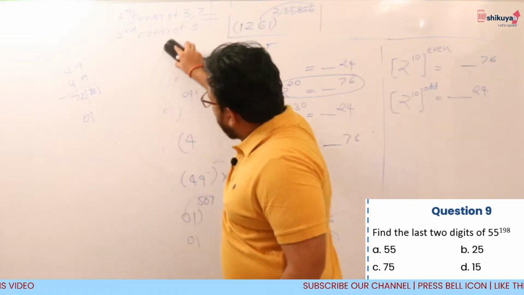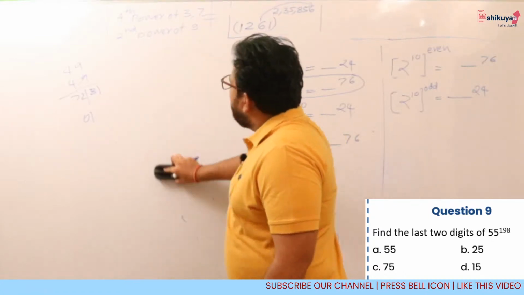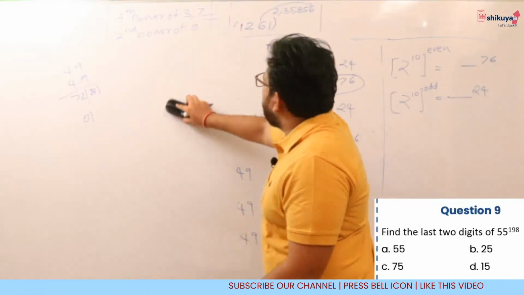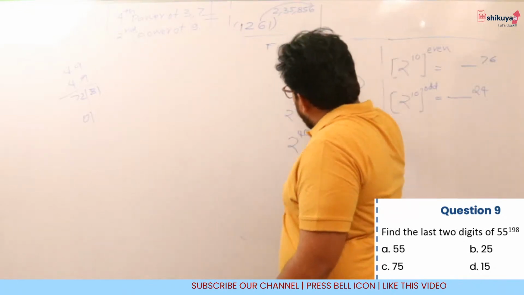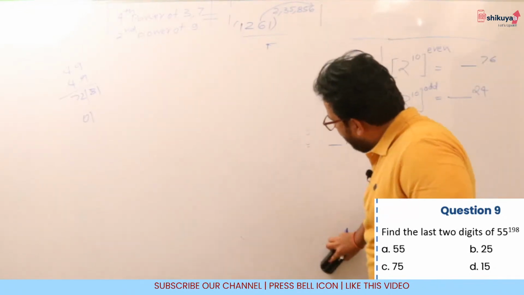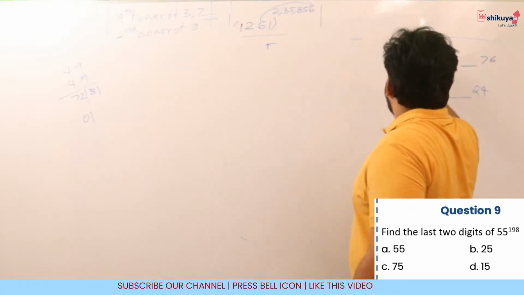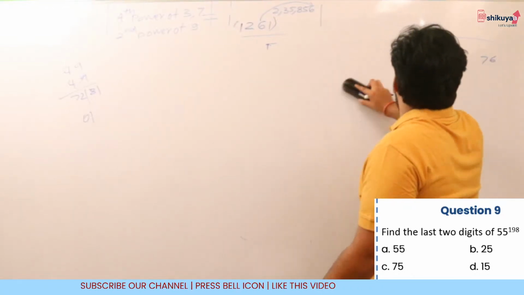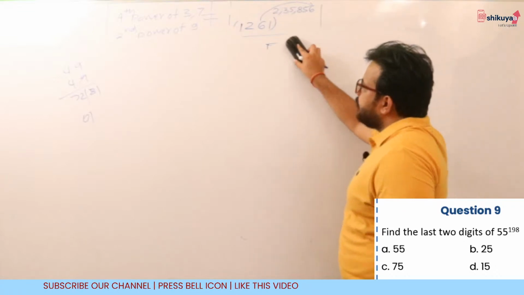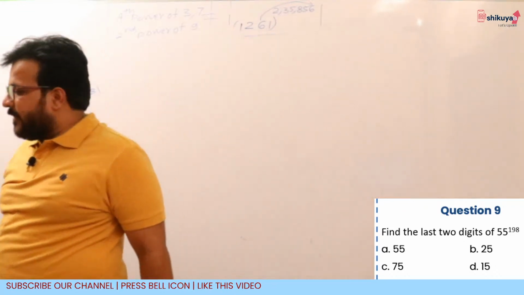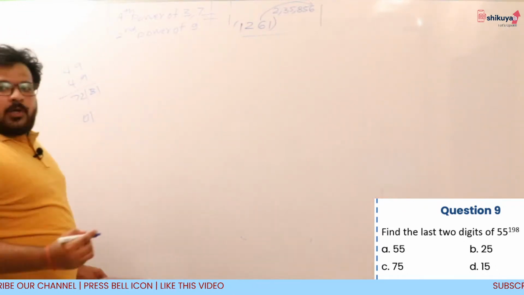And in this problem as well, we have a very important property of 5. Try to understand a very crucial property of 5. Look at this.